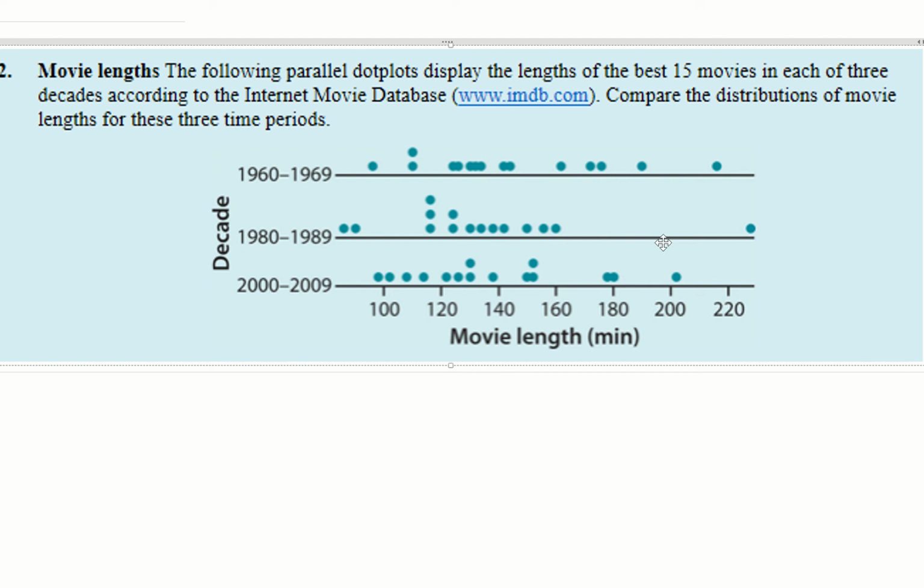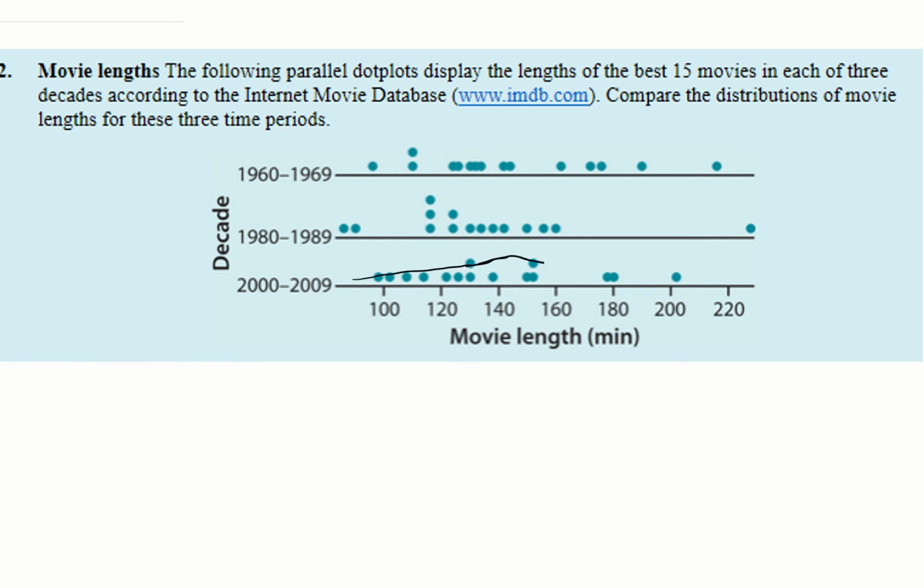And so if you look at the bottom one, the more recent movie decade, 2000 to 2009, let's see, the movie length. If you look at the center, I'm going to kind of draw roughly the center, right? The center is roughly around here, or so.